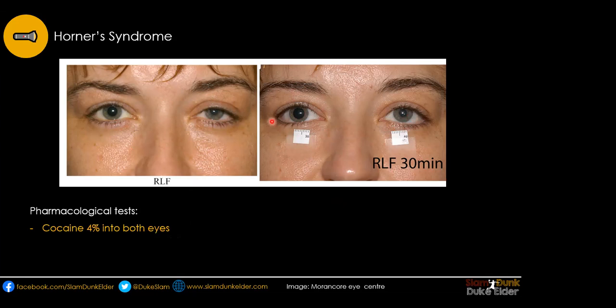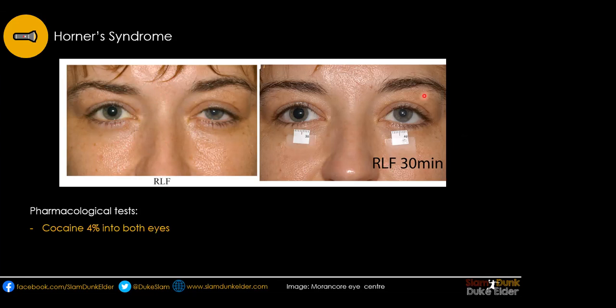Now, cocaine blocks the reuptake of noradrenaline. So if you remember from the last lecture, the main sympathetic nerve supply neurotransmitter is noradrenaline or adrenaline. In the normal eye, all the fibers are working normally. So they're producing noradrenaline, and cocaine stops that noradrenaline from being taken up and broken down. So you get a buildup of noradrenaline in the synapse, which causes a dilation of the pupil because you're perpetuating that sympathetic response.